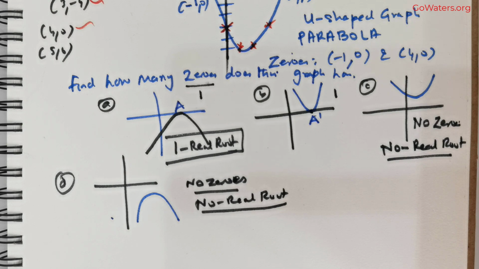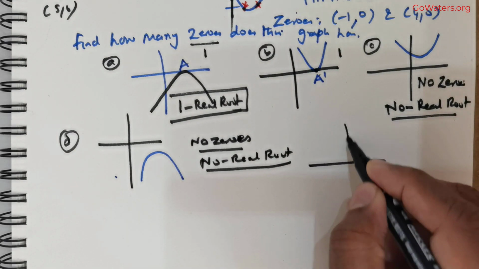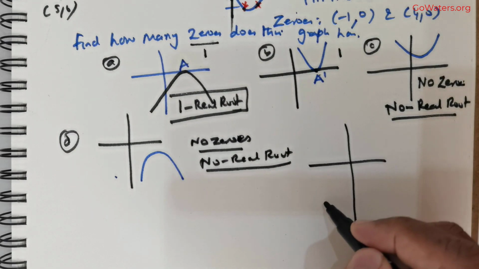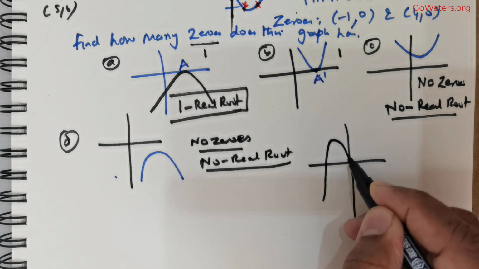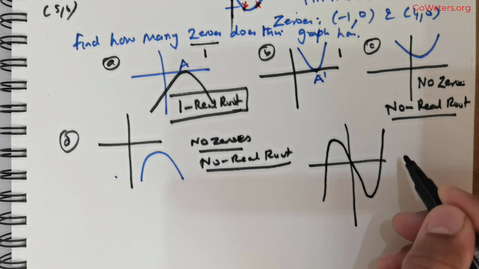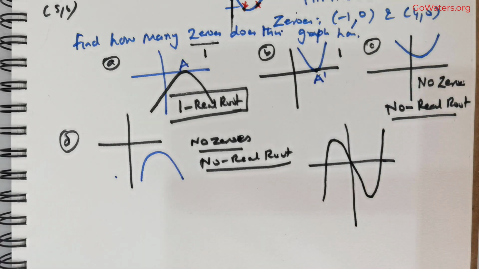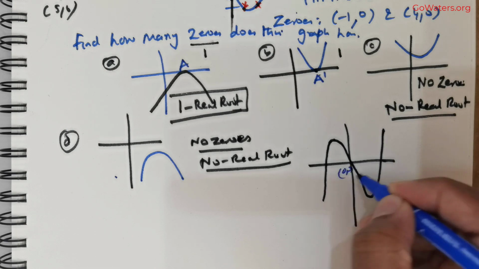Now let me give you another illustration. Say for example, there is a graph like this, which hits at 0, then goes up like this, and the points are given. This is 0, 0.